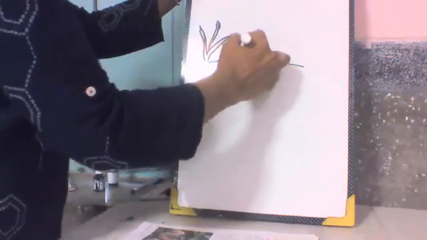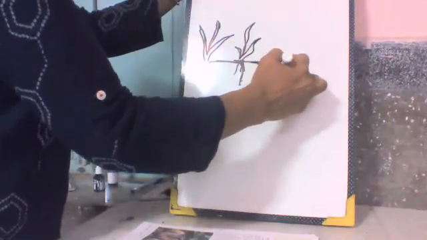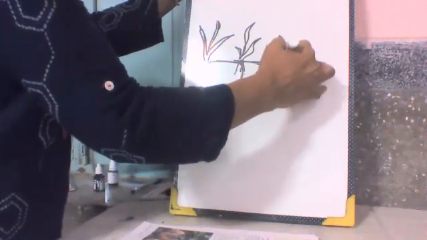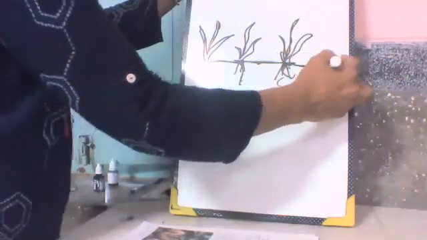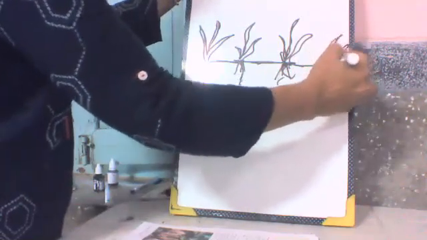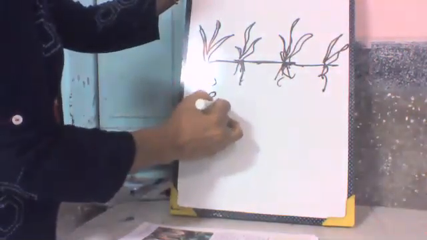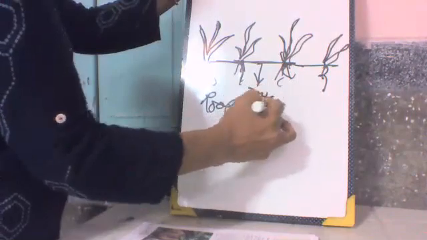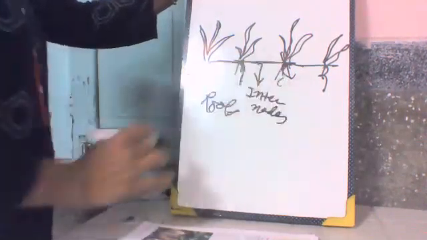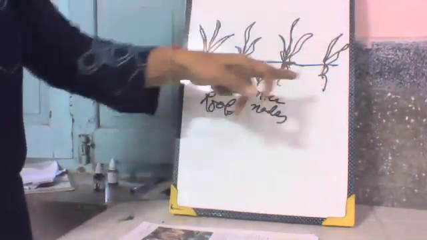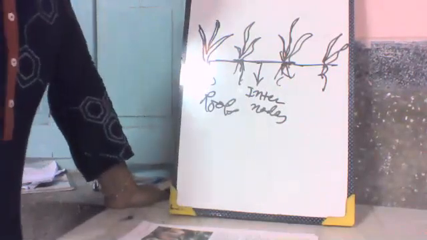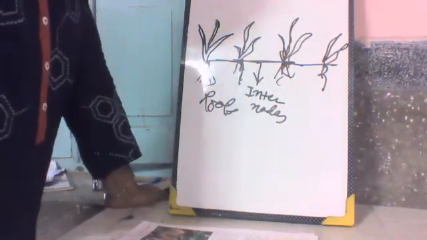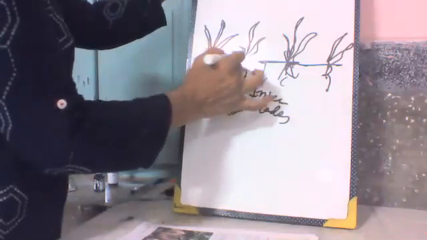In every node, grass develops roots, and this is the internode. Every node grows into a new plant, so we can see the grass grows rapidly. Conclusion of this: lawn grass has long internodes between successive nodes. These are the nodes and there is an internode.